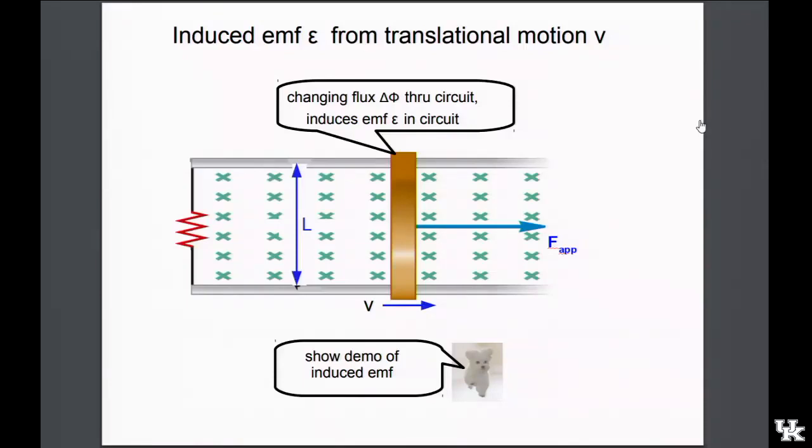It's going to grow with time as the rod moves left to right. With time, there's more and more field lines passing through the loop that is the electrical circuit. And so that's going to create an induced EMF, going to create an induced current. So I'm going to show you an example of that.